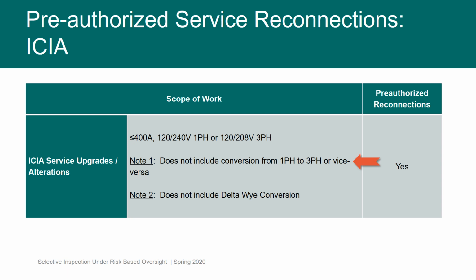Please note that the scope of work that qualifies for pre-authorized reconnections does not include conversion from 1 pH to 3 pH or vice versa, and does not include delta-Y conversion.